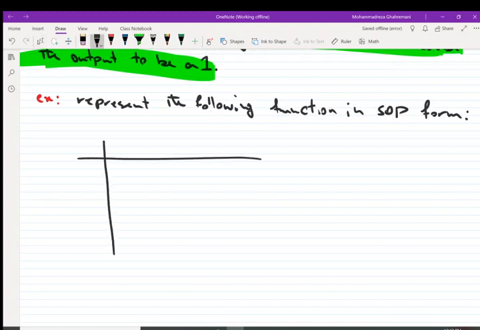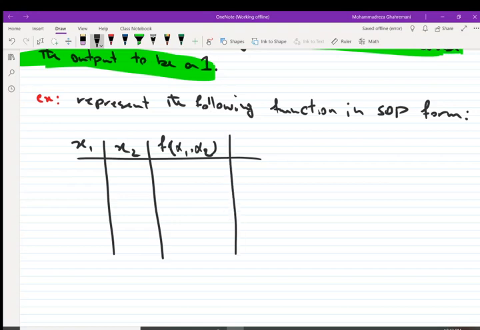So here is the function. It's x1, x2, and f of x1 and x2. So 0 0, 0 1, 1 0, 1 1, and the output is 1 0 0 1, and we want to represent this function in the form of a sum of product.